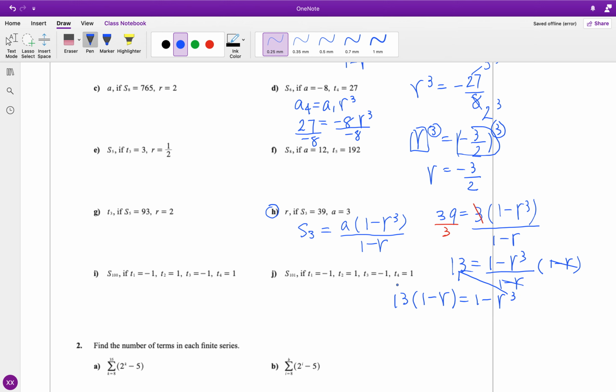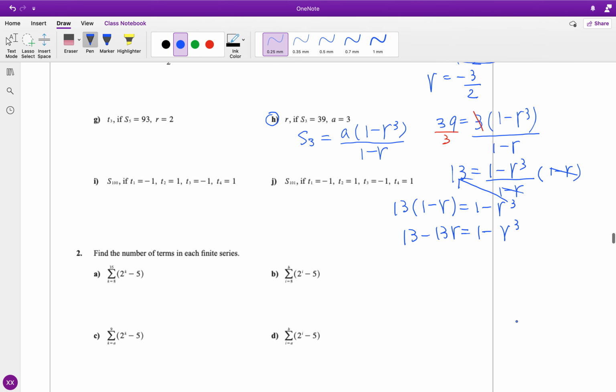There's nothing you can do but distribute. So that becomes 13 minus 13r equals 1 minus r to the power of 3. Organize it into a polynomial equation, because here we got the power of 3, so it's a degree 3 polynomial.